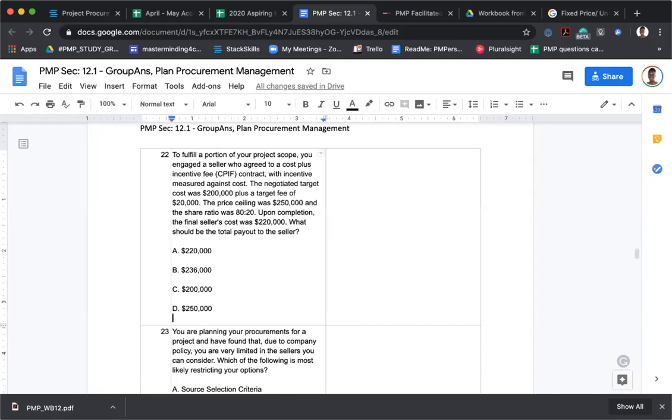Oh my gosh. I don't know. Okay, going back to our previous learnings, we know we did 200 plus 20, right? Minus 20% of what? Minus 20% of 20? What do we do minus 20% of?